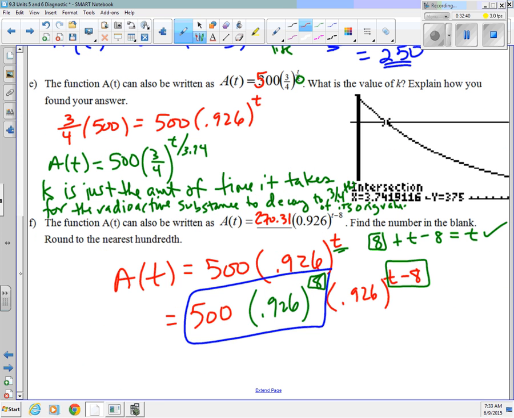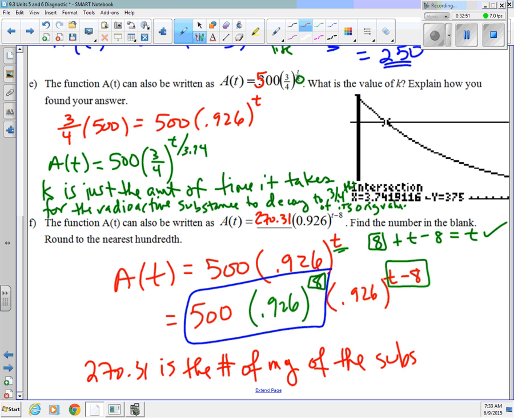So the 270.31 is the number of milligrams of the substance left after 8 days. And that's why this is t minus 8, because 8 days have occurred already, in other words. All right, off we go.